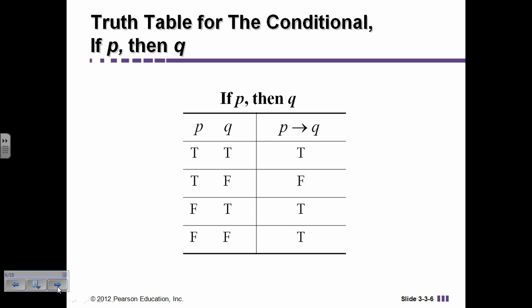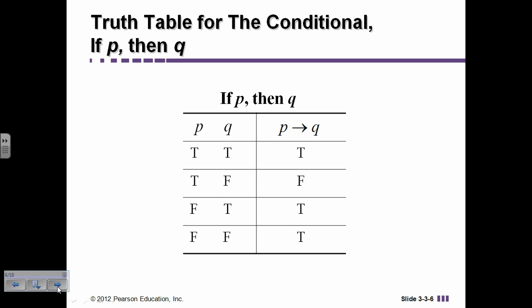So there's a truth table for conditional statements. The P implies Q. If both of the parts are true, then your result will be true. If the hypothesis is true, or if the antecedent is true, then the consequent will be false. Then the condition is false.